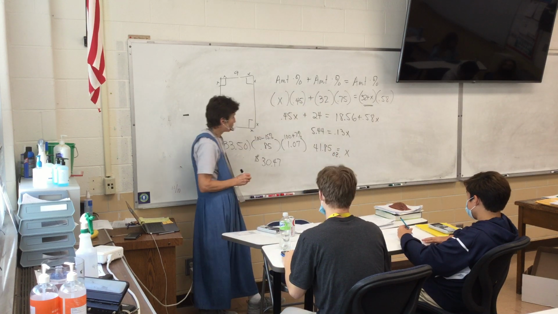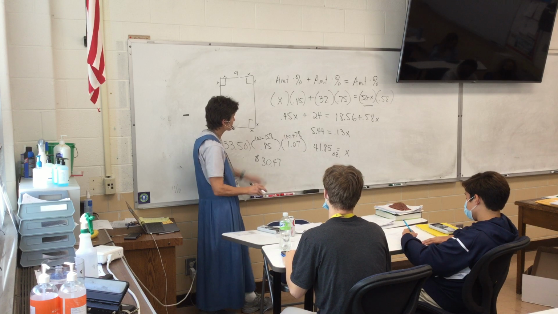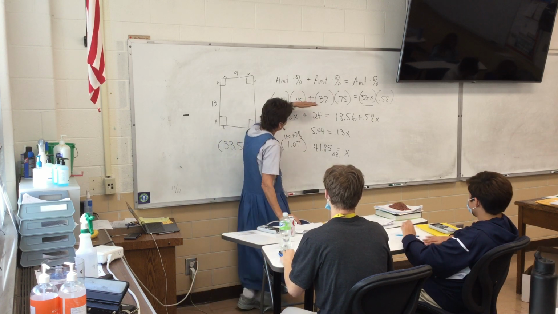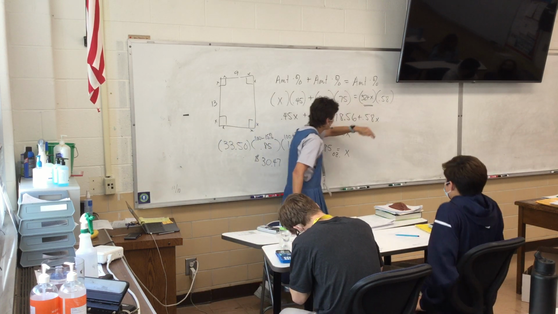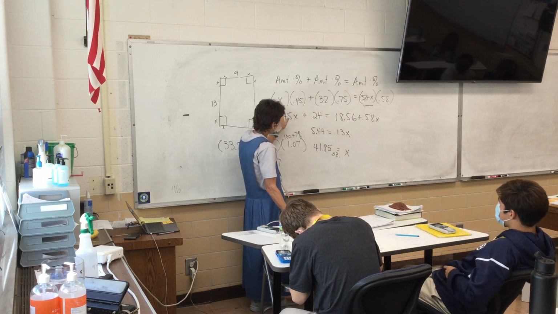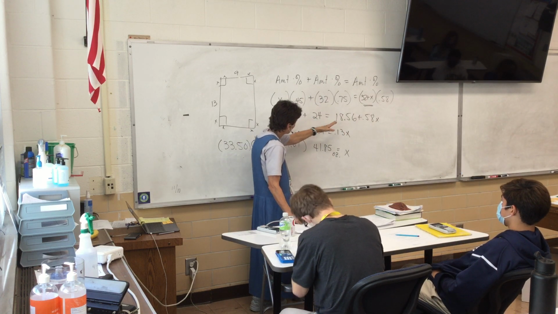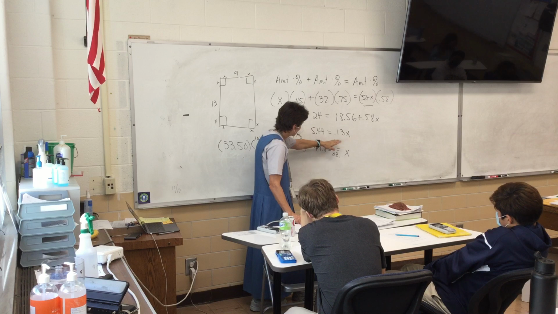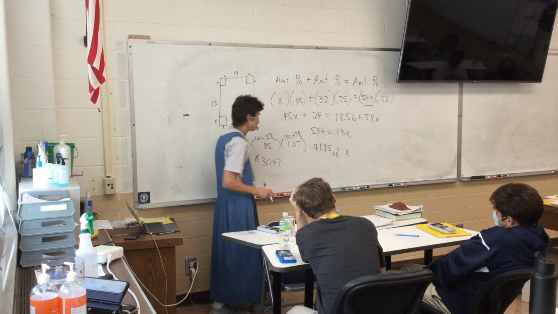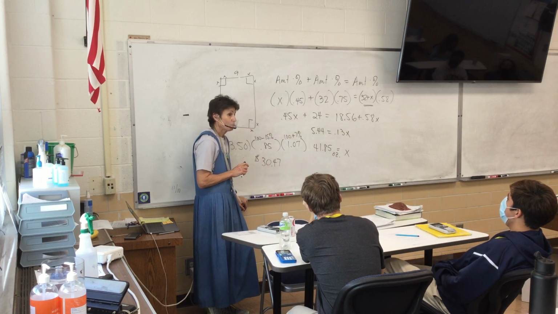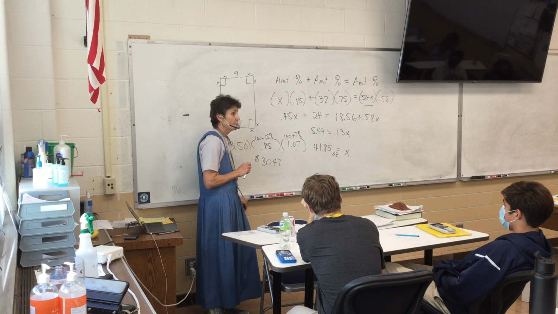I got 41.85 ounces. So I just multiply all this stuff together, distribute there, and then move stuff around. So all the x's on one side, all the numbers on the other side, and then I divide it. And got 41.85 ounces.